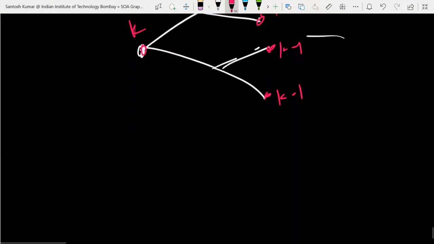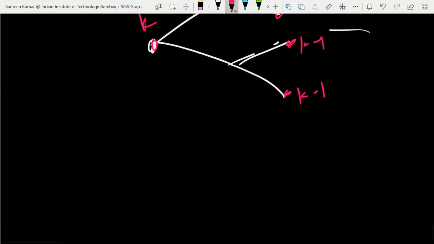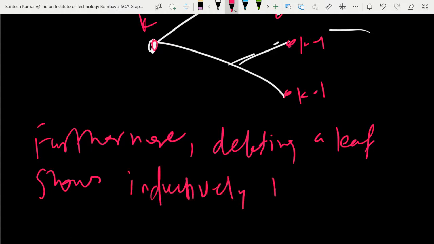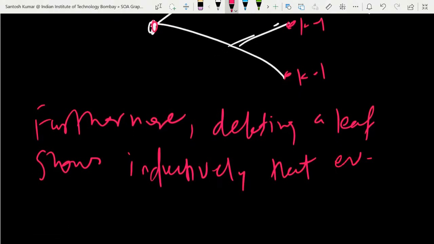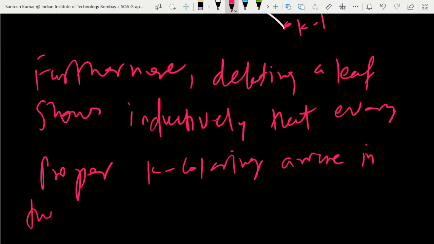So in all, you can conclude that, or we can further write, furthermore, deleting a leaf shows inductively that every proper k coloring arises in this way.